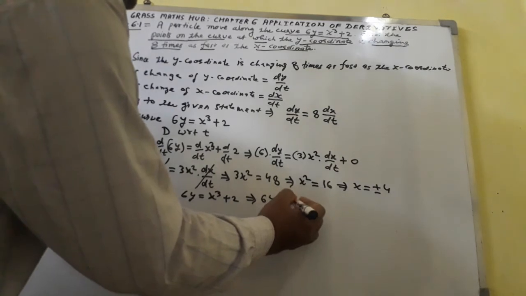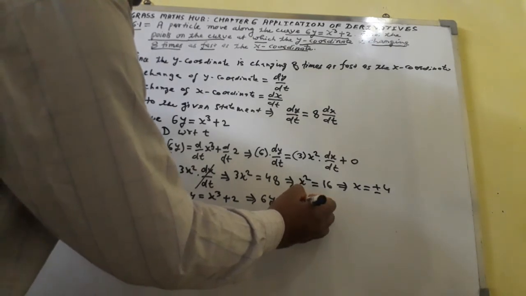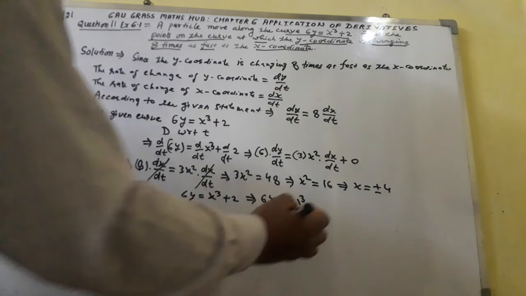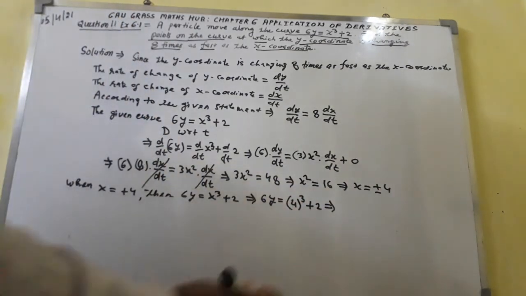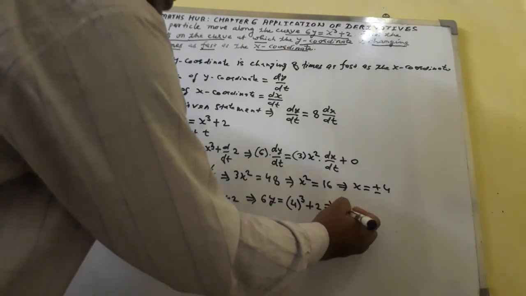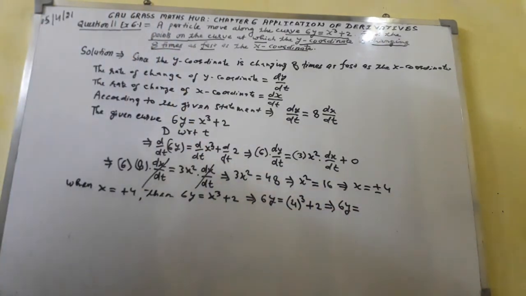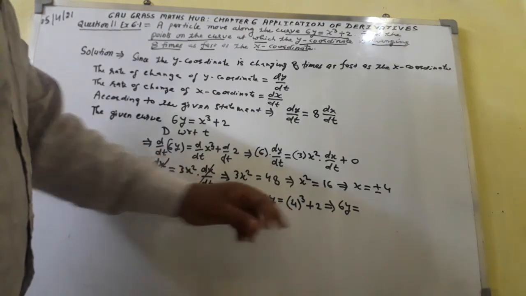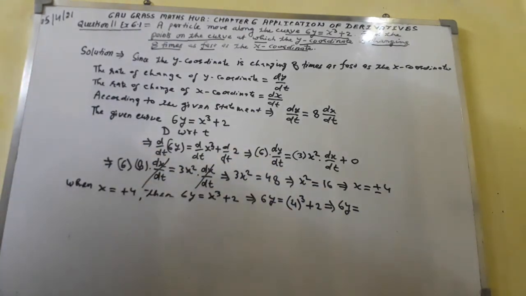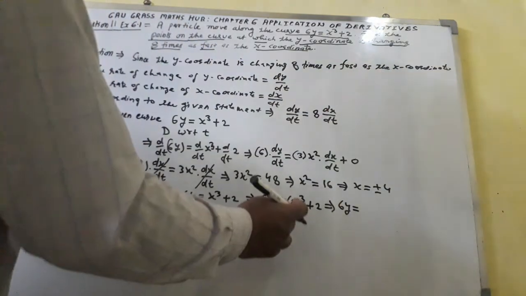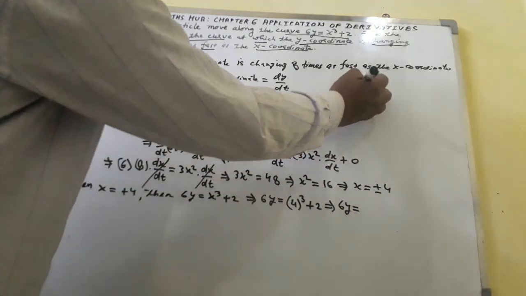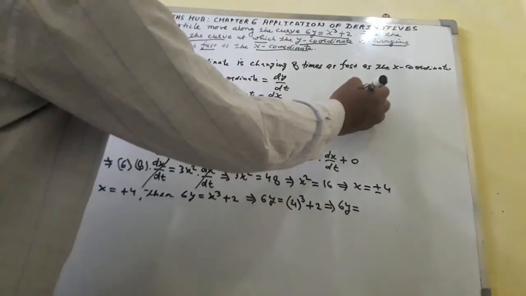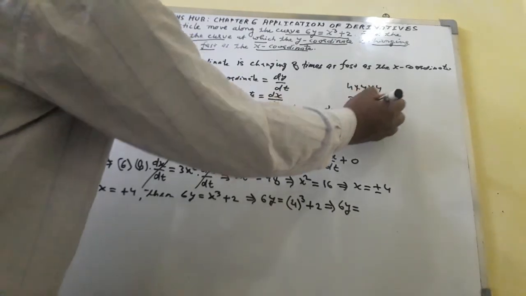So 4 raised to the power 3 plus 2, implied that 6y equal to, here 4 raised to the power 3 comes out to be, here we will get 4 into 4 into 4 comes out to be 16 into 4.